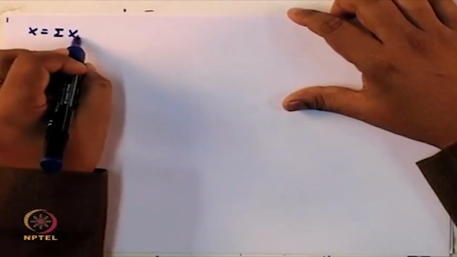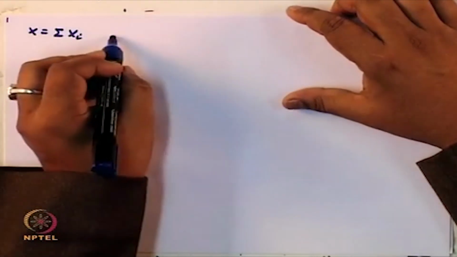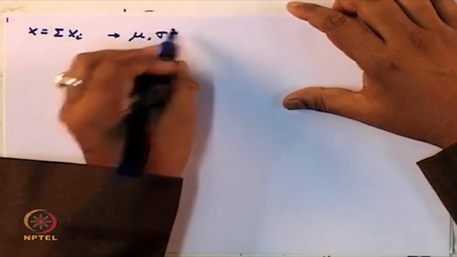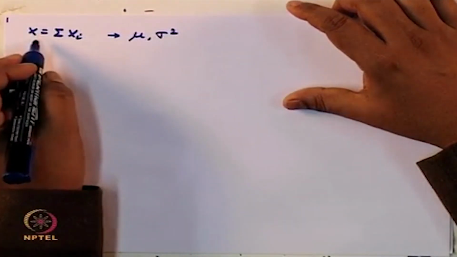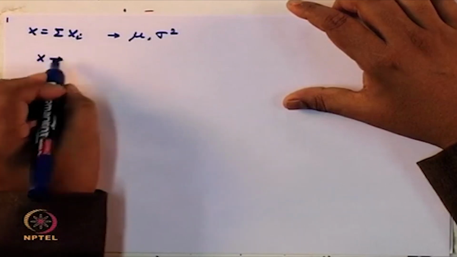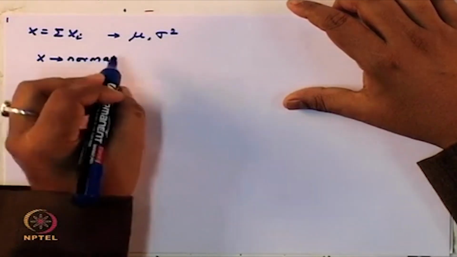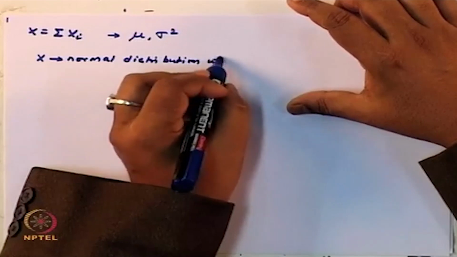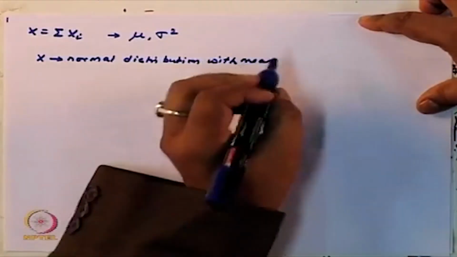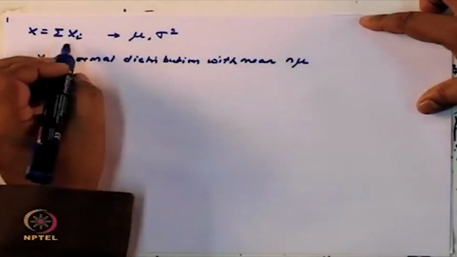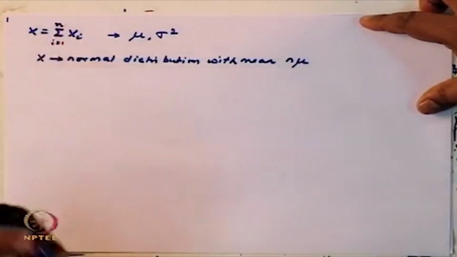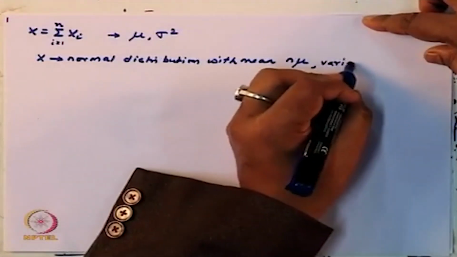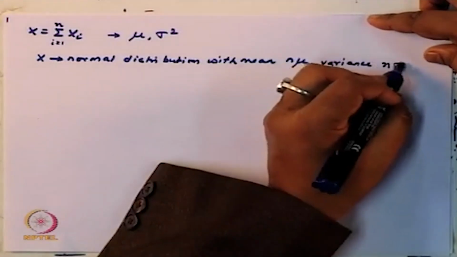So, two things we had discussed in the last class. If I define x as the summation of x I, and each x I has mean mu and variance sigma square, then x, equal to the summation of x I, will follow a normal distribution with mean n times mu, for n random variables, and variance n sigma square.